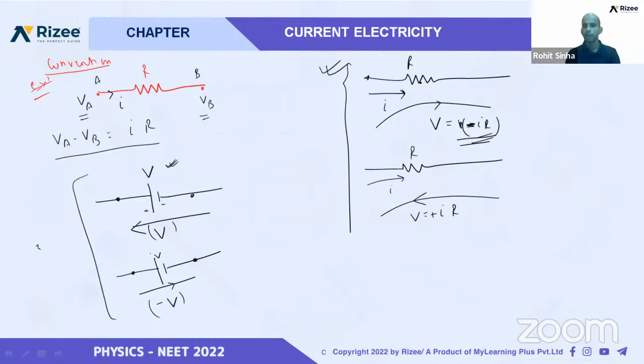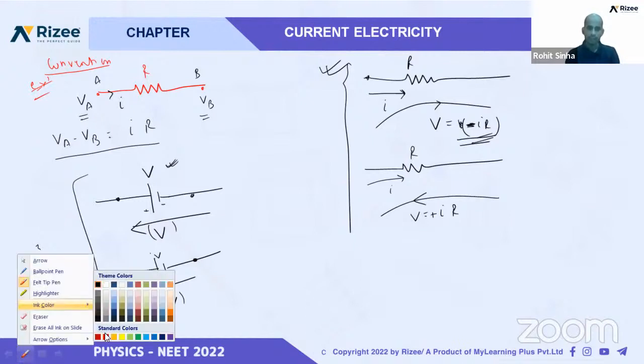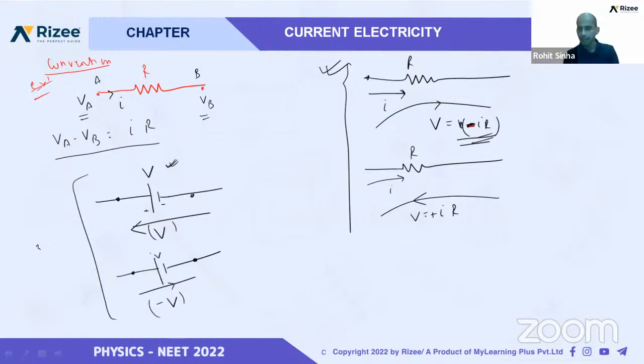One question you might be thinking: sir, why are you taking minus IR here? It's not necessary, but I'll tell you. Earlier also I told you this is VA and this is VB. Current is flowing from here, that means VA is greater than VB. This potential is greater than this potential.